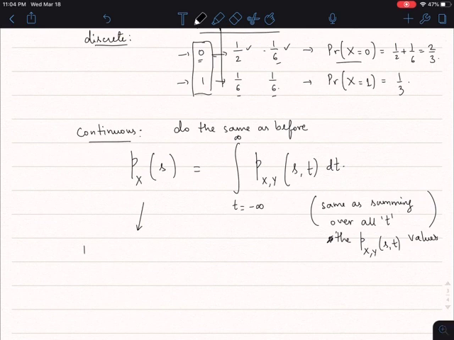This is called the marginal distribution of x. All right.